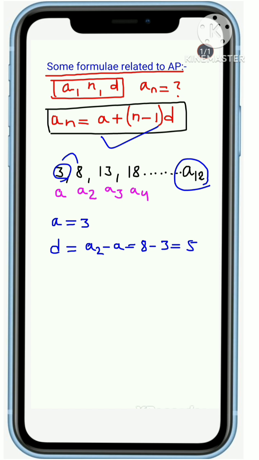And in this AP, N, that is the number of terms, has been given as 12.